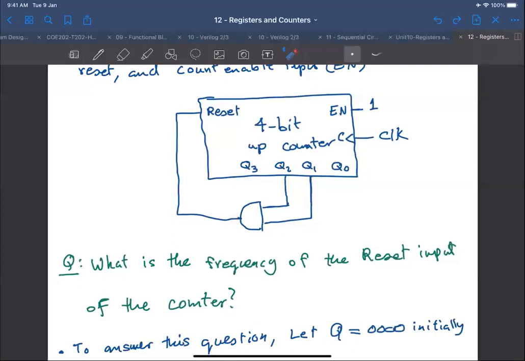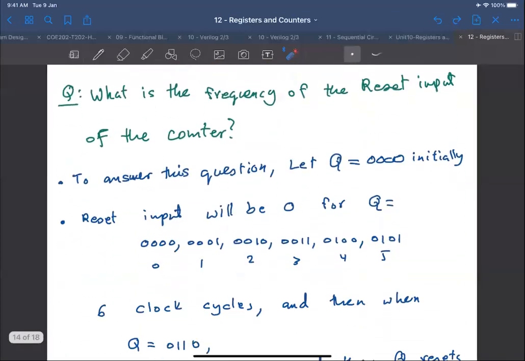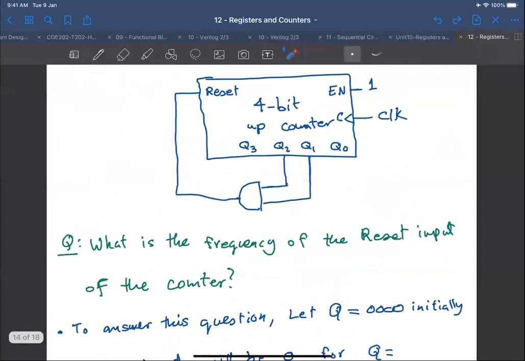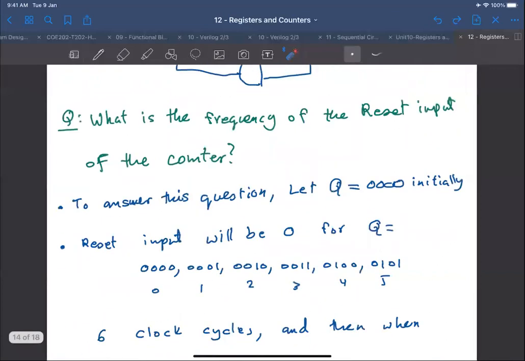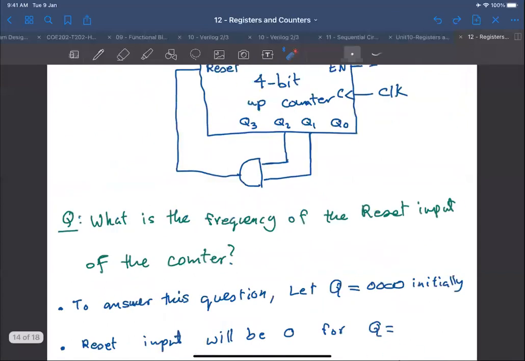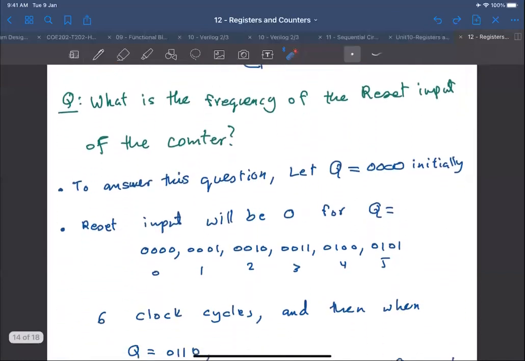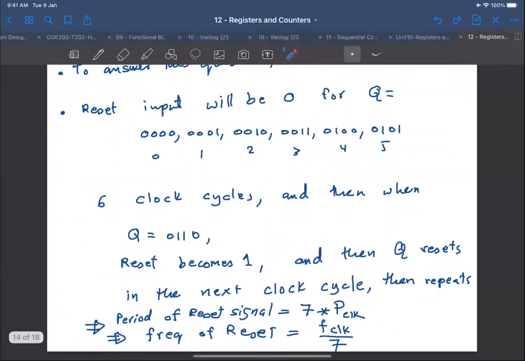So what is the period for our reset signal now? 1, 2, 3, 4, 5, 6, 7. It is 7 times the period of the original clock. So the frequency of this signal is the frequency of the clock divided by 7, right? We managed to get frequency division by an arbitrary number, which is 7 now.